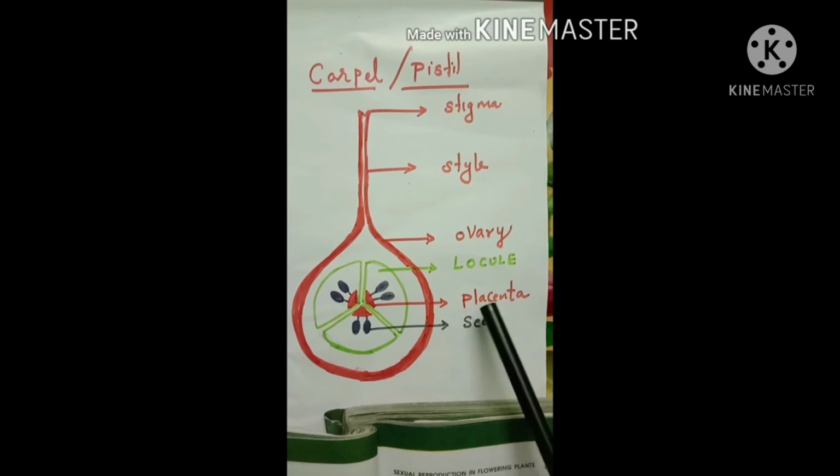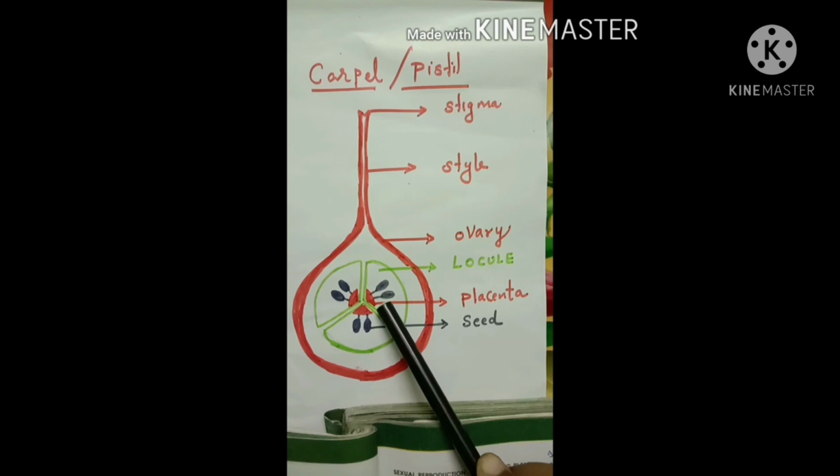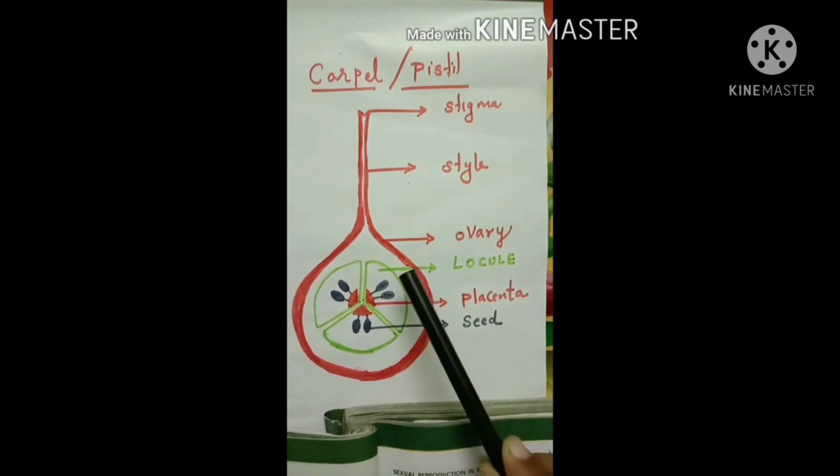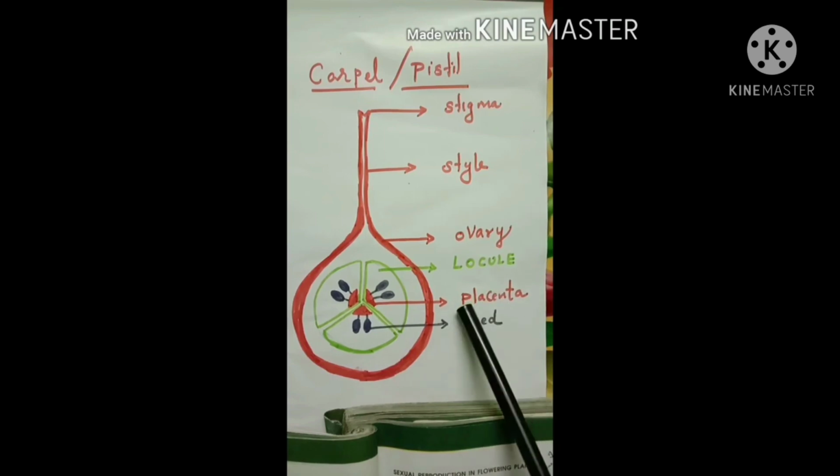You have already studied placentation in the previous year. The placenta is a cushion-like structure seen in the locule where the ovules are attached. The ovules are attached to the locules inside the ovary with the help of these cushion-like structures called placenta.